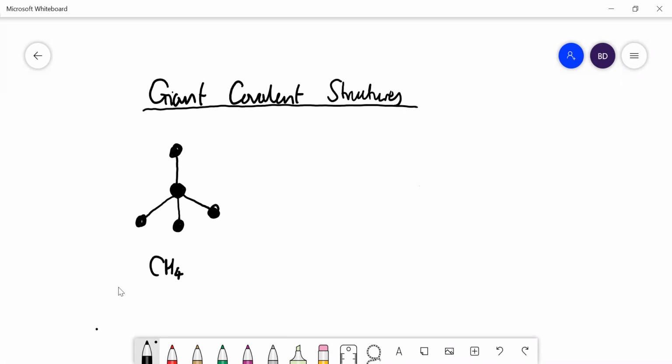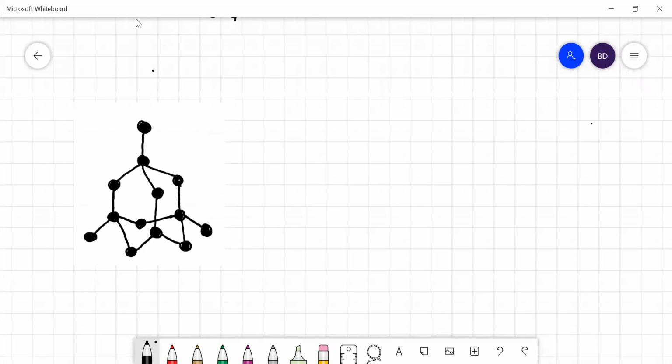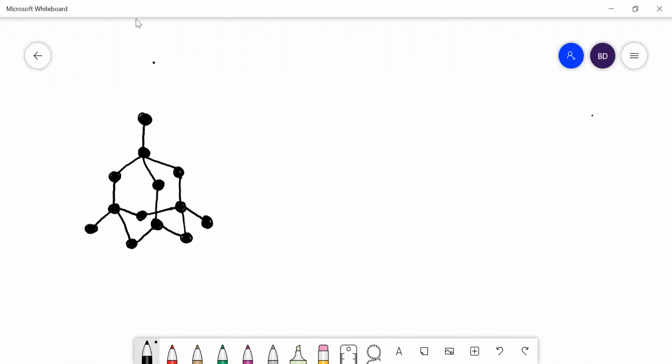And then each of those carbon atoms would need to be bonded to 4 others, and so on, and the whole thing would build up. So you'd end up with that kind of structure. Now, carbon atoms covalently bonded in that way, that is what diamond is. That is the structure of diamond.